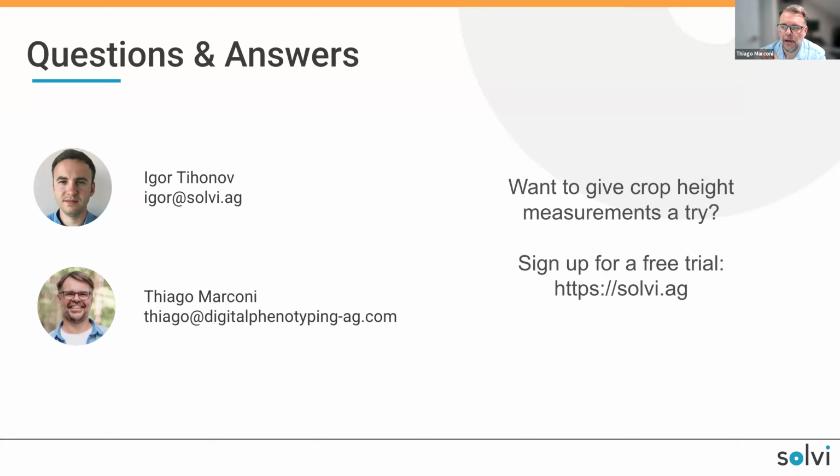Sorry, Igor, let me. Oh, go ahead. We have done some work. One of the examples that I showed was in forestry, in pine trees. We have done some work also in citrus, and we have very good accuracy on measuring height on those crops.